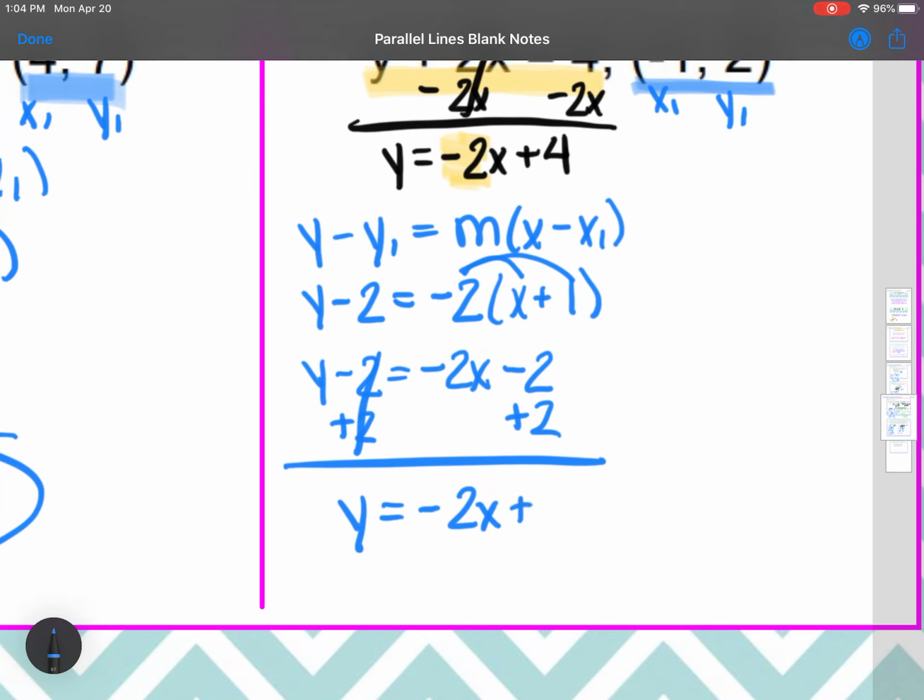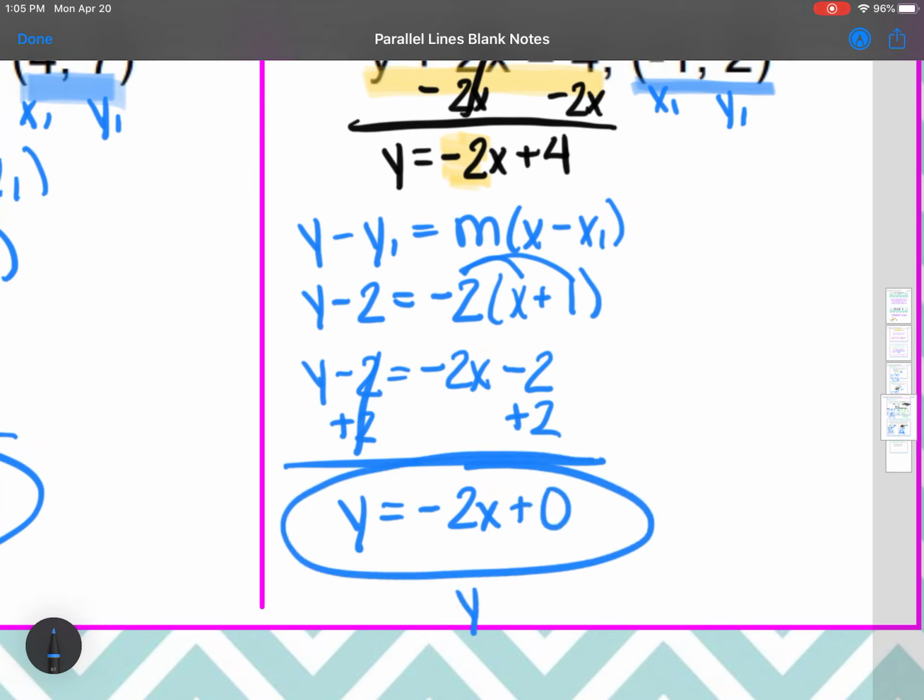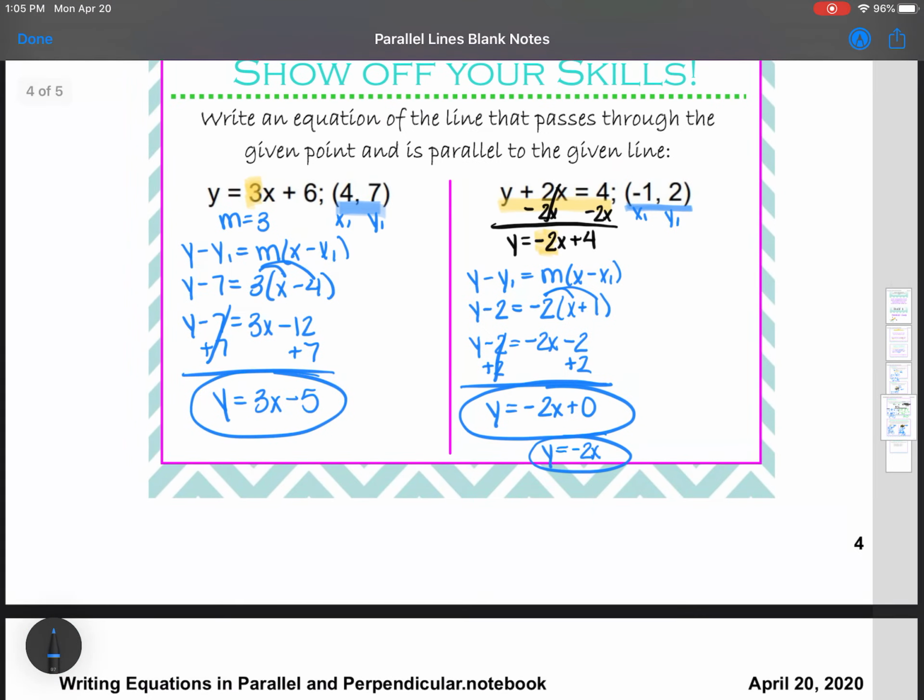Negative 2 plus 2 is 0. Or I can simply write this as y equals negative 2x. All right, that's the basis of what we're doing here. We're just finding that slope, we're plugging it into point slope, and then we're solving for y.